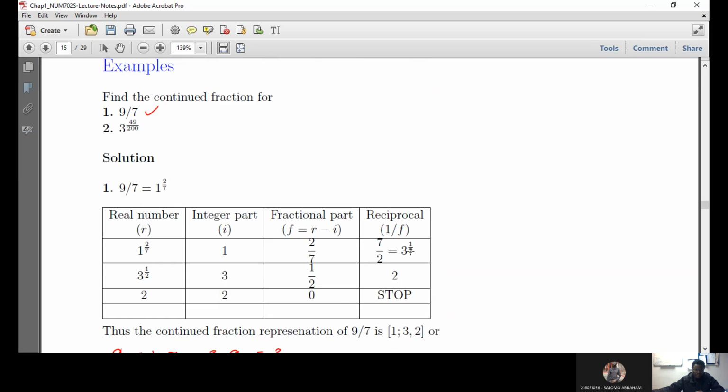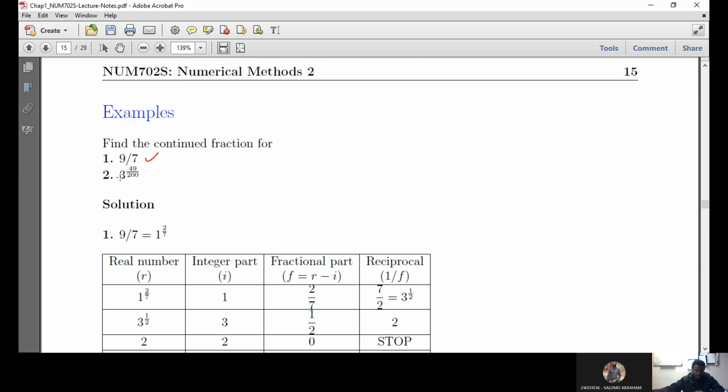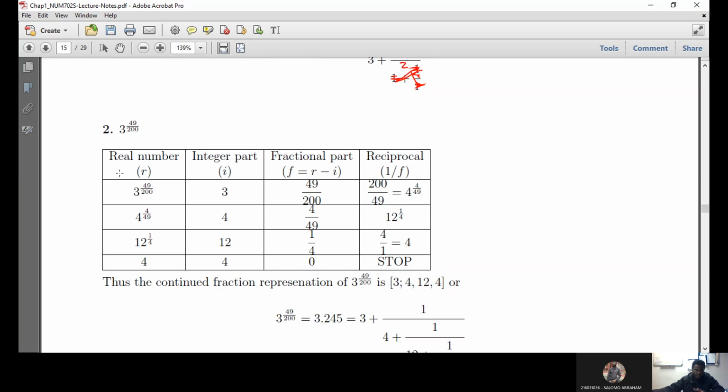All right, the next example is the second one. We do the same thing. We have integer part, fractional part. We write it there, and then we take the reciprocal, write it in this form, which is a real number, and we repeat the process. So we take this, copy it there under the real number column, then take these 2, put them there, and take the reciprocal, the reciprocal of 49/4, which can be written in this form, 12 1/4.